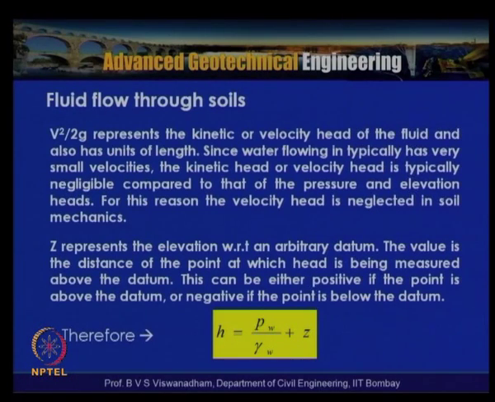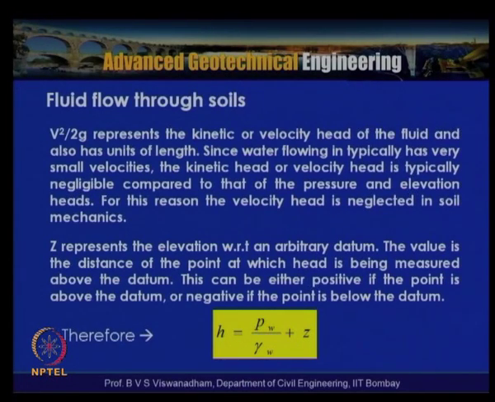The kinetic or velocity head also has the units of length, but since water flow velocities are typically very small, the velocity head is typically negligible compared to the pressure head and elevation head.